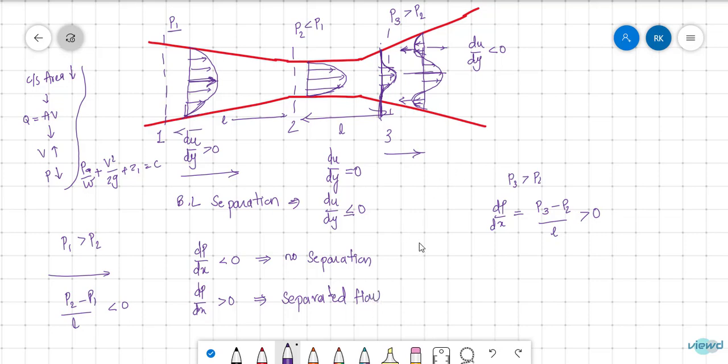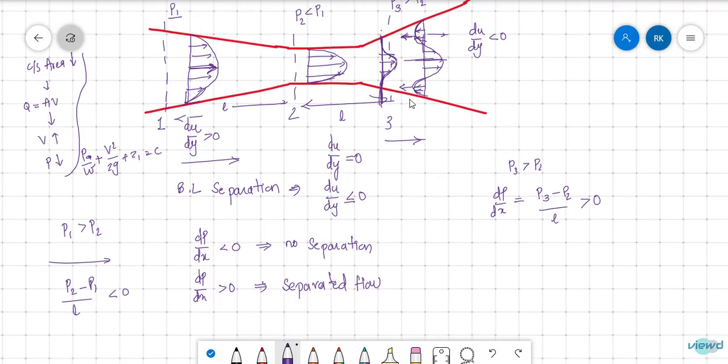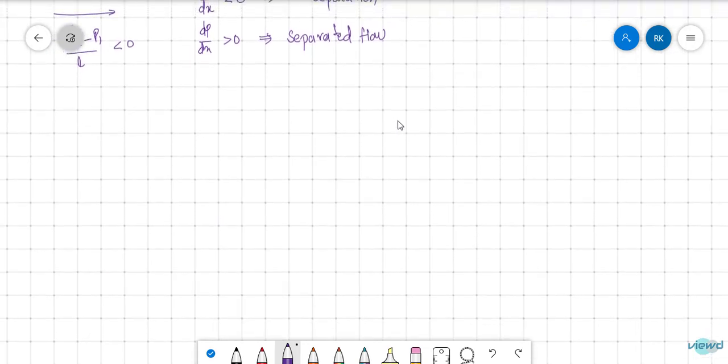Now, finally we can write: boundary layer separation means the flow is separated when dP by dx is greater than 0, and also in terms of velocity, du by dy is less than or equal to 0.